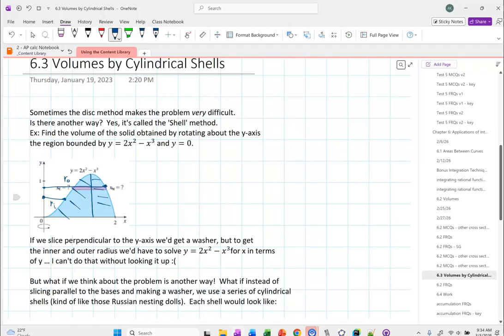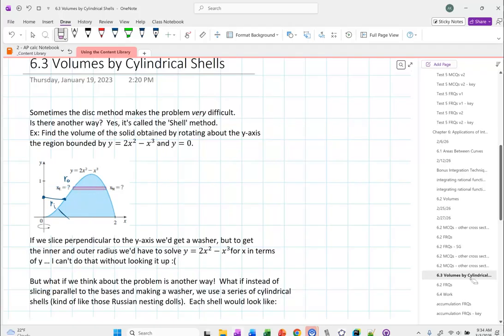How would you find this value where it's at a maximum? Use the first or second derivative test on this function. Okay, this is a hassle, but it's more work. It doesn't make it hard, right? It's just more effort. But here's the bigger problem. If we're rotating about the y-axis, we need these in terms of y, right?